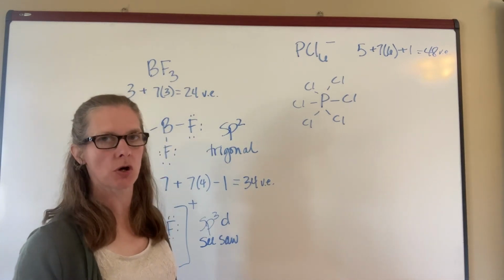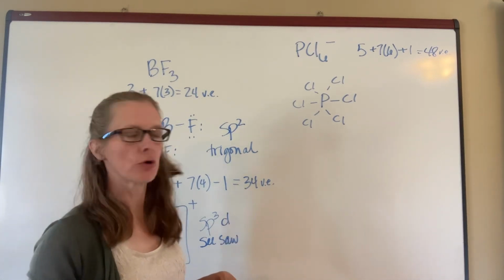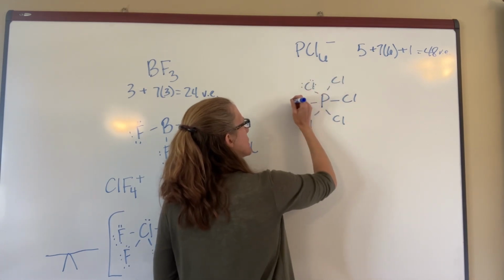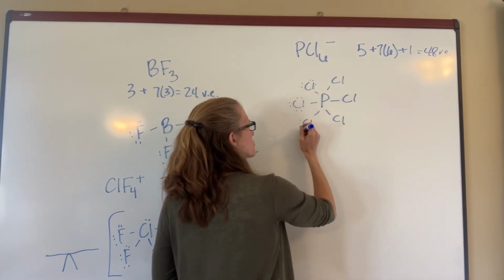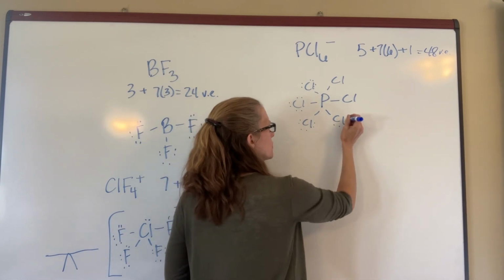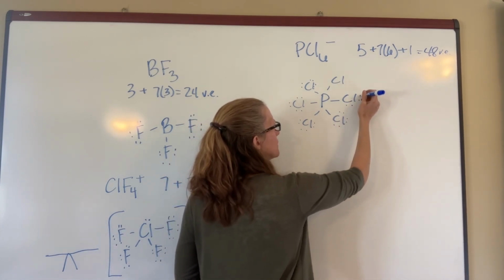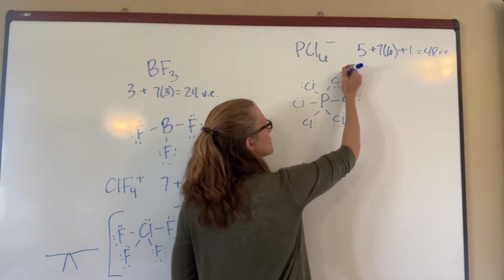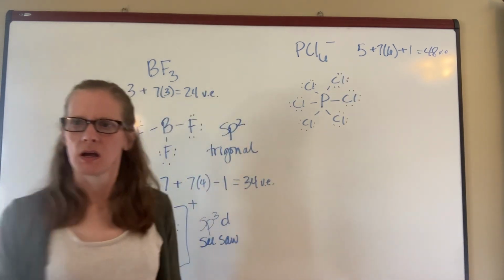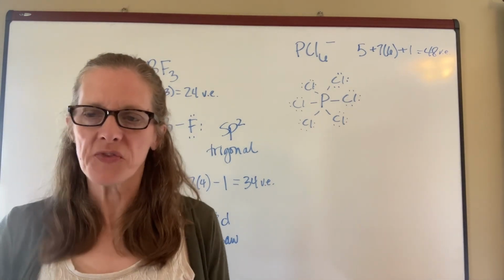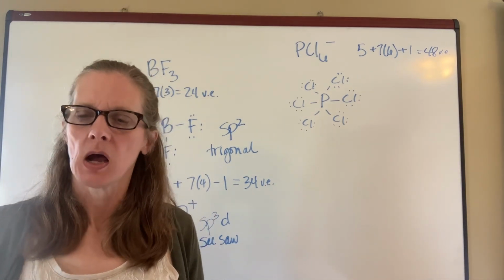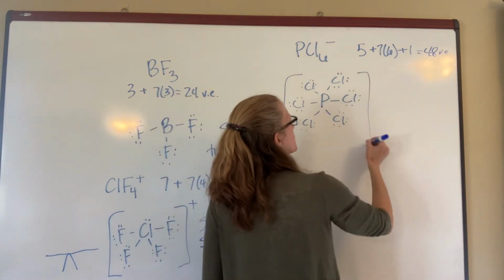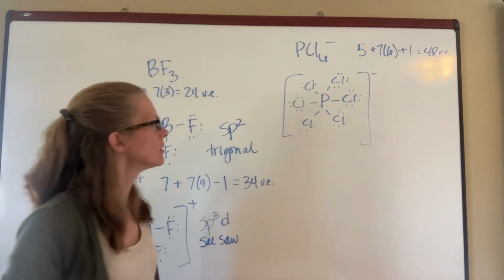So 12, I'm going to start adding lone pairs now. 14, 16, 18, 20, 22, 24, 26, 28, 30, 32, 34, 36, 38, 40, 42, 44, 46, 48. So that one worked out perfect. I didn't need to add any more to the central atom. We want to make sure that we put brackets around this, put a negative charge up here.